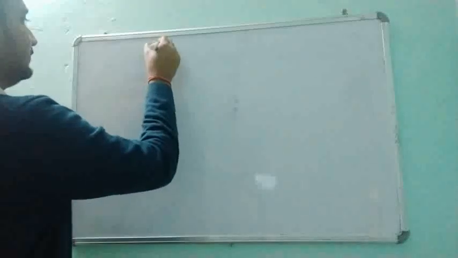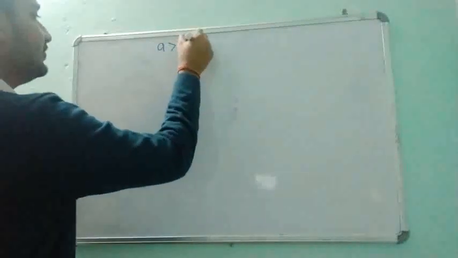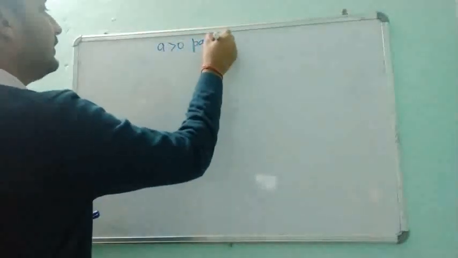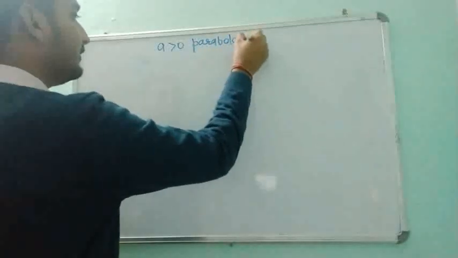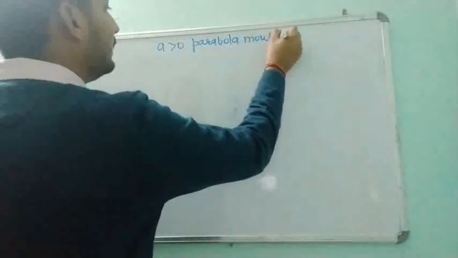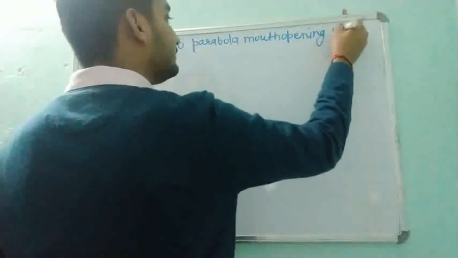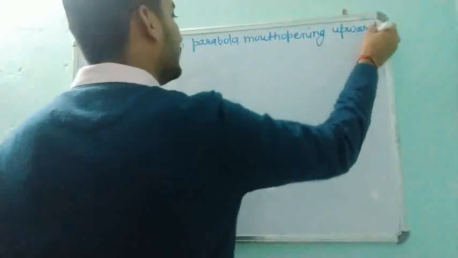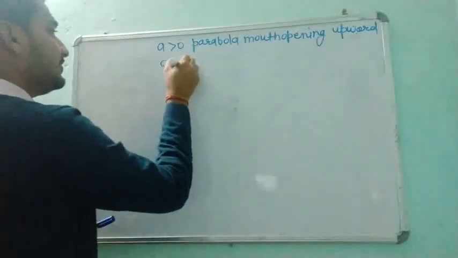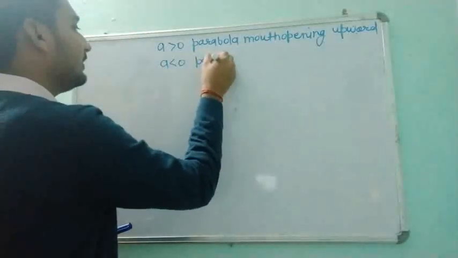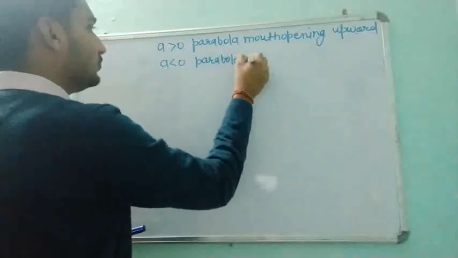If it is positive, the parabola opens upward, and if it is negative, it opens downward. So if a is greater than 0, then the parabola mouth opens upward, and if a is less than 0, then the parabola mouth opens downward.